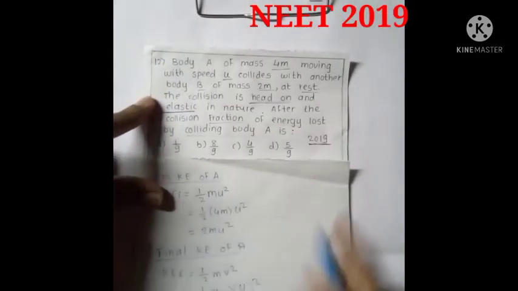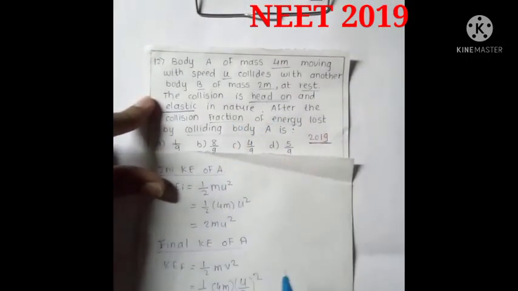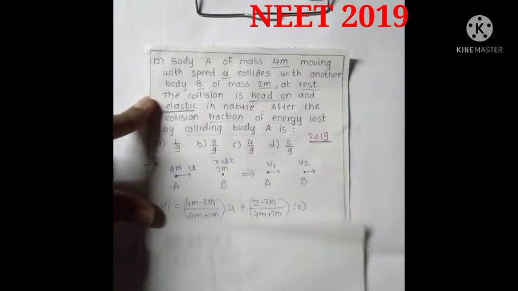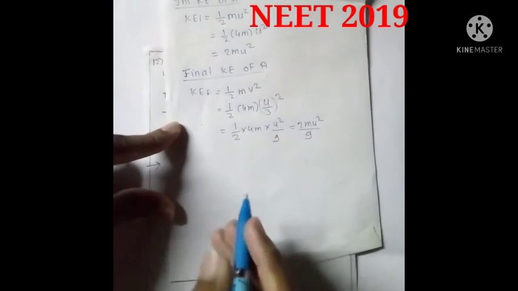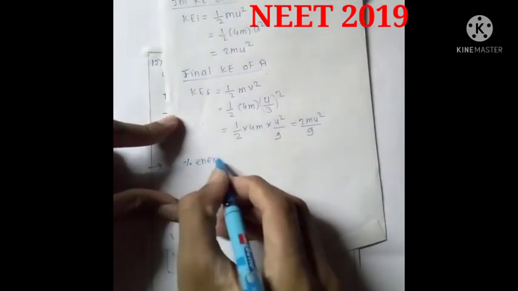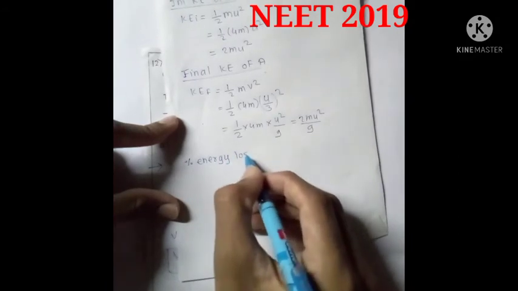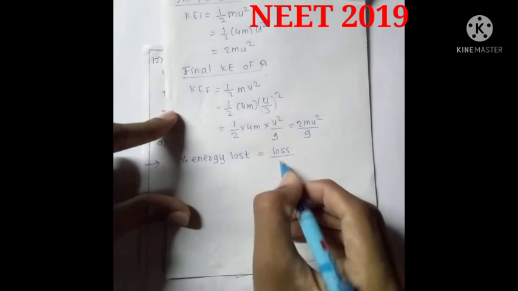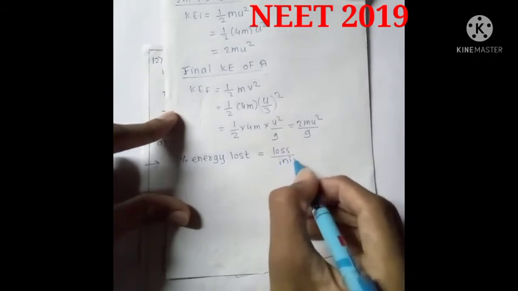We have to calculate fraction of energy lost by colliding body A. So fraction of energy lost is equal to loss upon initial value.